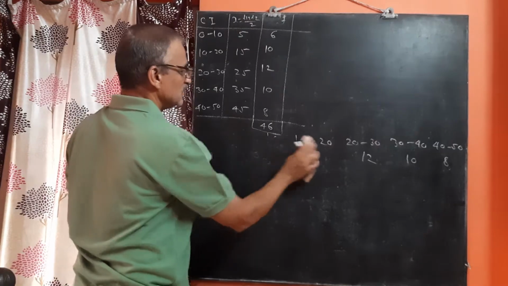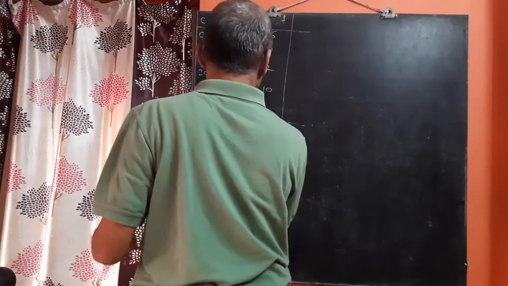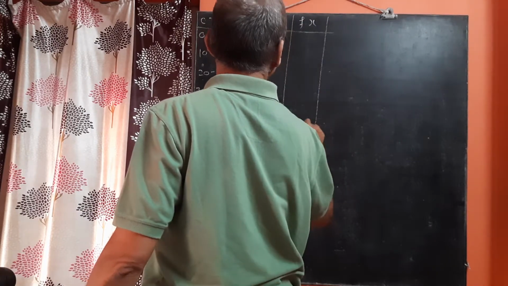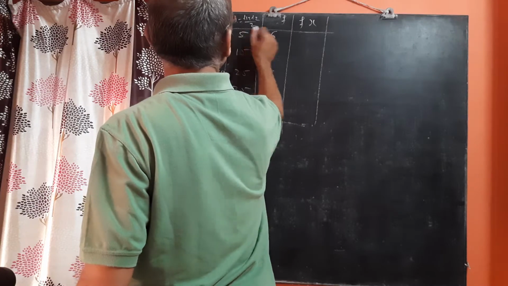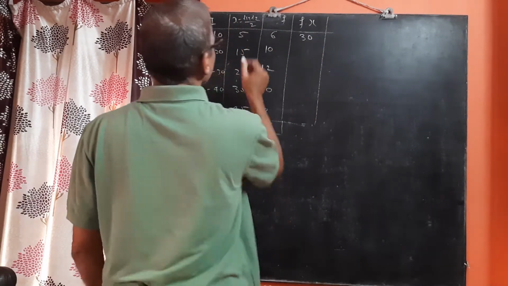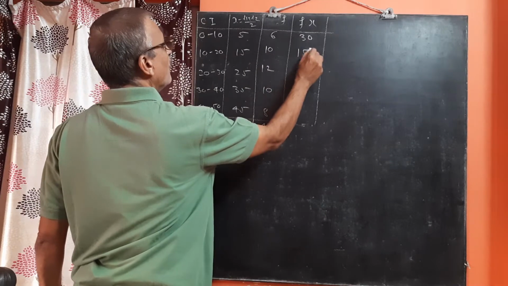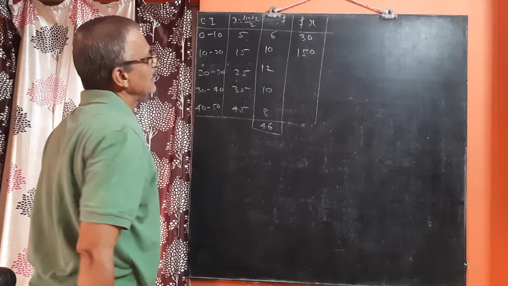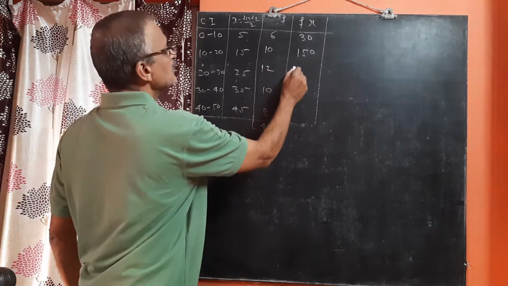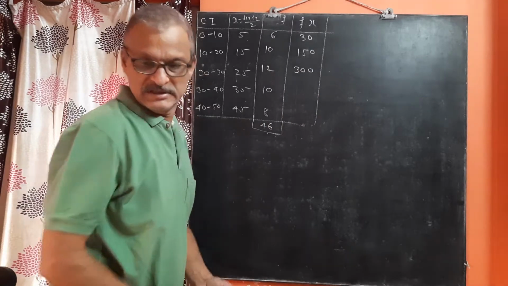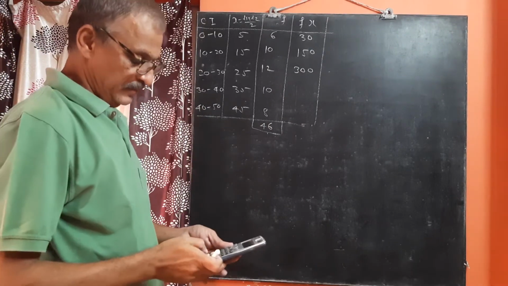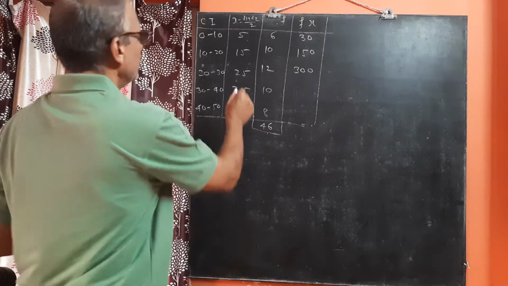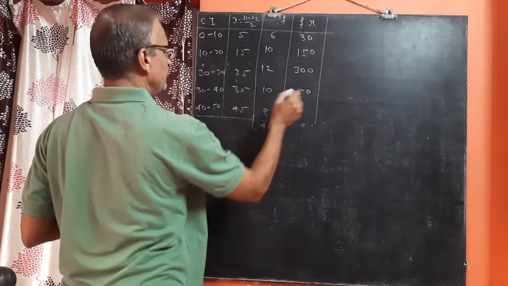Our next column is f into x. F into x, that means 6 into 5, 30. 15 into 10, 150. 25 into 12 is 300. 35 into 10, that is 350.